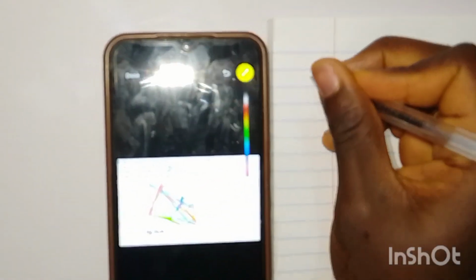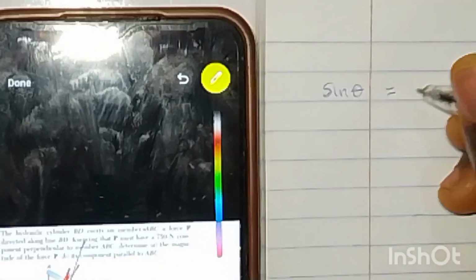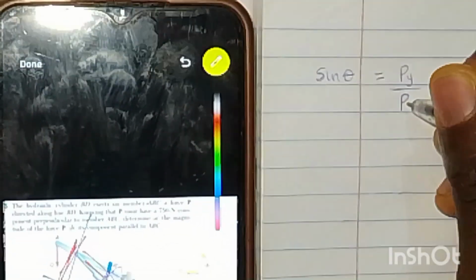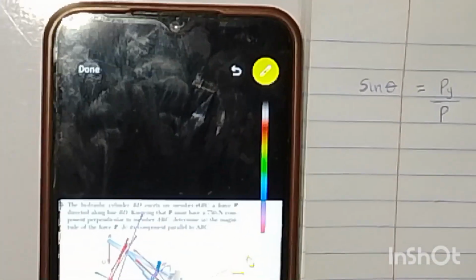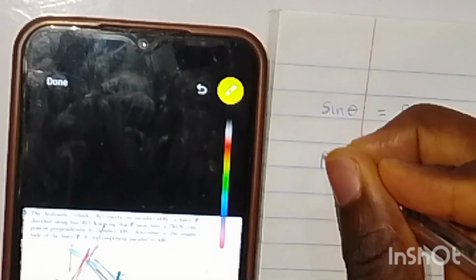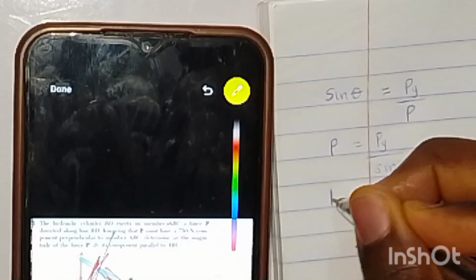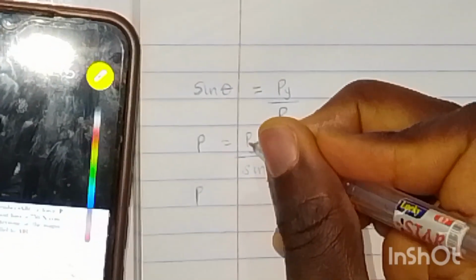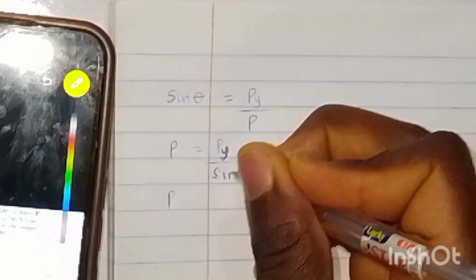Resolving in the y component, we know sine theta equals PY over P, which is the magnitude of P. So P will be PY over sine theta.